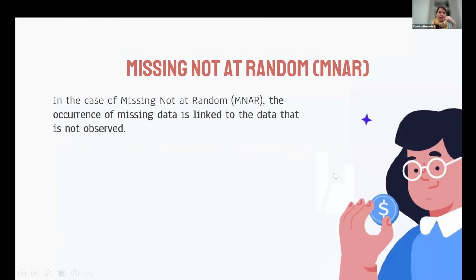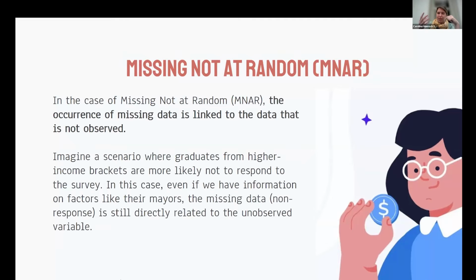Great. So, I mentioned, okay, there are 3 cases or 3 types. And since I emphasized that in the previous case, the missing at random case, the missingness is dependent on the observed data, of course, now we have also the case where the occurrence of the missing data is linked directly to the data that is not observed, that is missing. So again, we get another data set from another state.